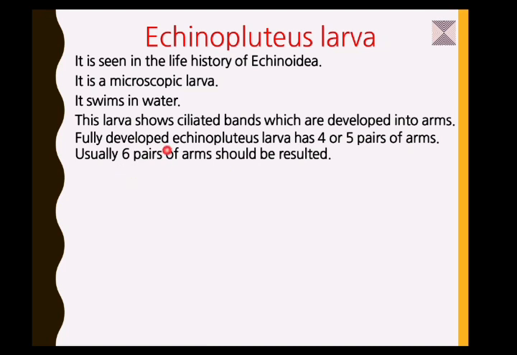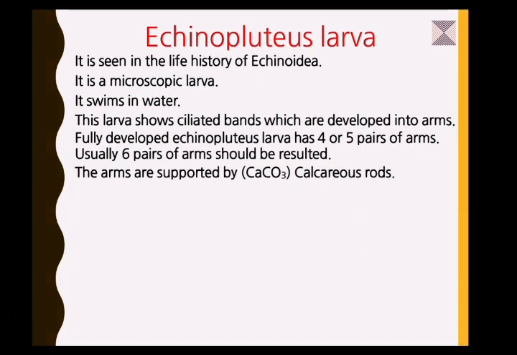Usually 6 pairs of arms should be developed in this particular form. The arms are supported by the calcareous rods, as we have earlier discussed in the structure of this particular larva, and the rods are formed of calcium carbonate in this particular case.